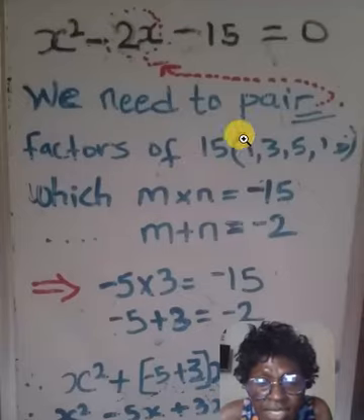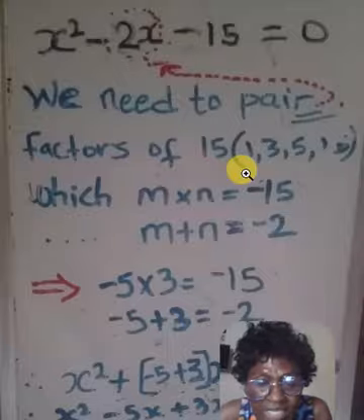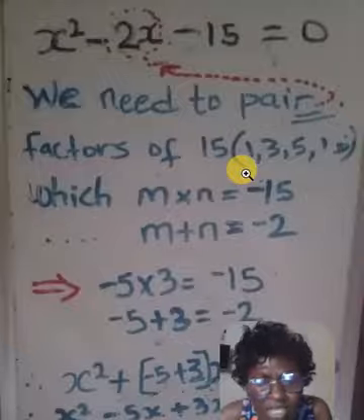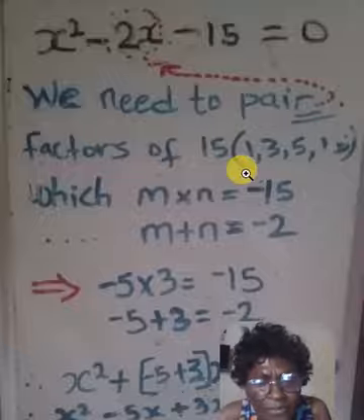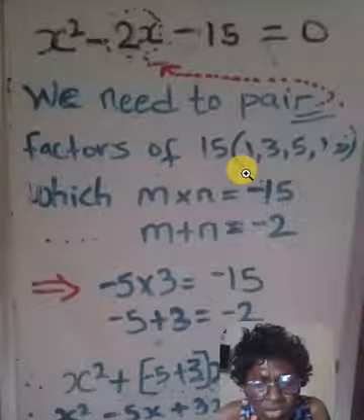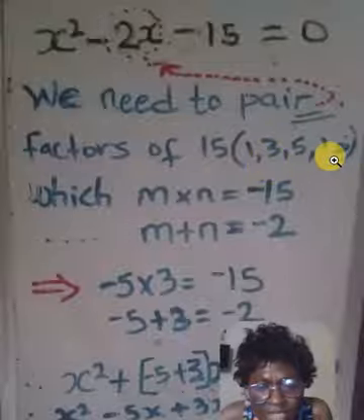As you can see, 1 can divide 15. 15 divided by 1 is 15. Likewise, 15 divided by 3, you get 5 without any remainder. Also 15 divided by 5, you get 3 without a remainder, and so on. So these are the factors of 15: 1, 3, 5, and 15.